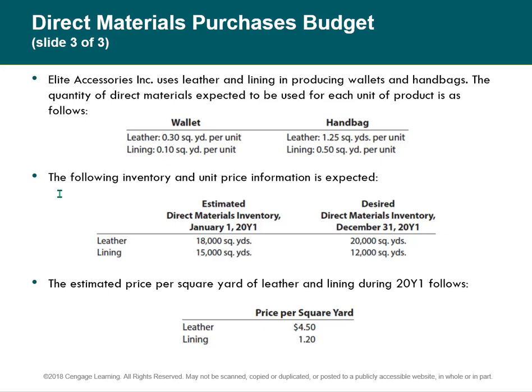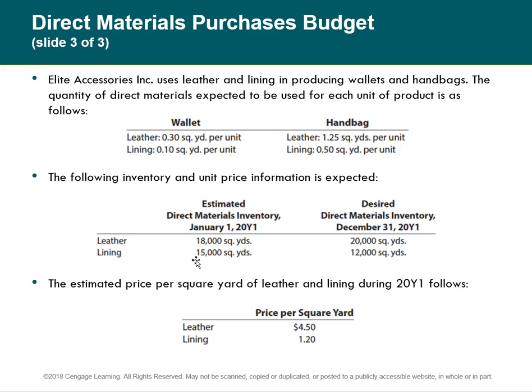So it's a pretty good hunk of leather. And then they've also got lining. Lining is 0.10 for a wallet and 0.5 for a handbag. And this is our unit price information. For leather, we've got 18,000 square yards of beginning inventory, and we need 20,000 at the end of the month.